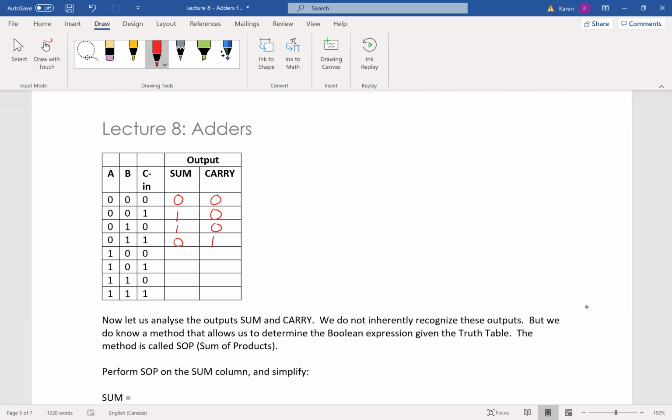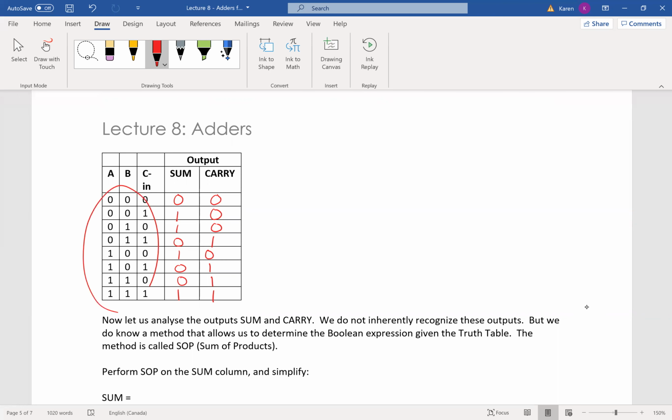And 1 plus 0 plus 0 is just 1 carry 0. 1 plus 0 plus 1 is 0 carry 1. 1 plus 1 plus 0 is 0 carry 1. And 1 plus 1 plus 1, remember, that is 1 carry 1. So these are our outputs for a full adder.